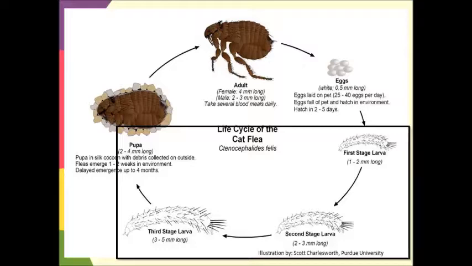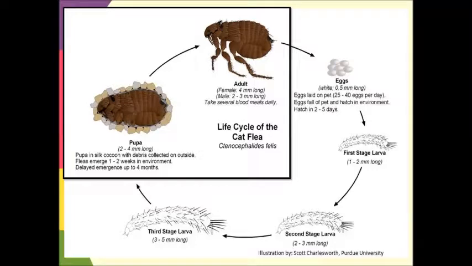The larvae will spin silk cocoons in which they develop from larvae to pupae and remain inside until they fully develop into adults. After the pupal stage is completed, the adult fleas will emerge and seek out warm-blooded hosts to feed on blood.